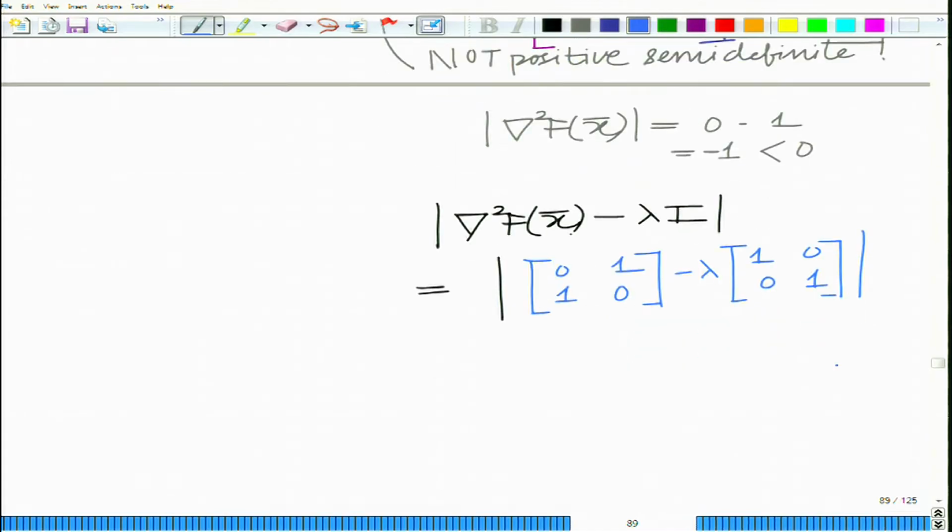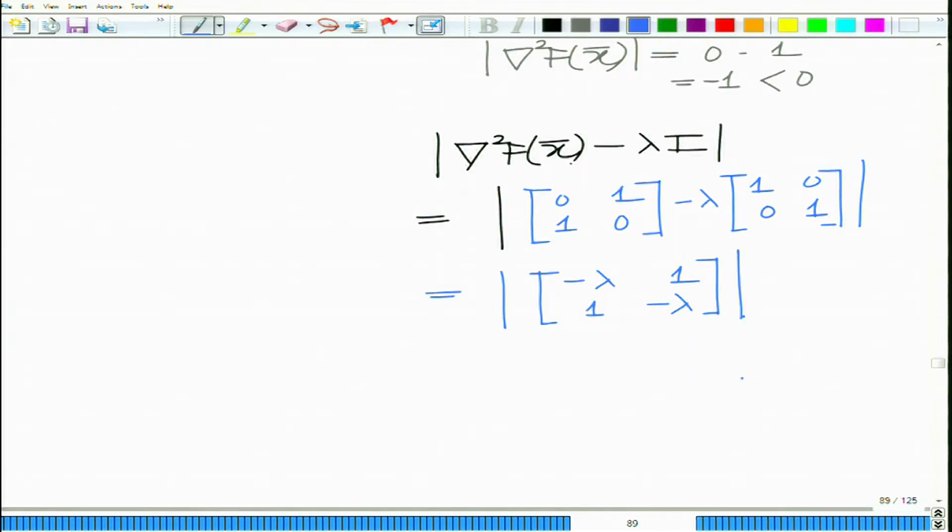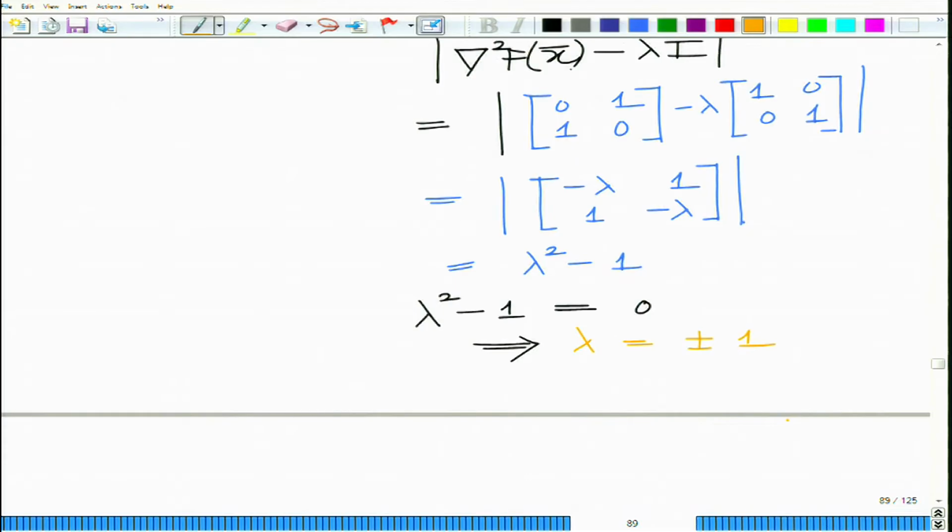Taking the determinant of minus lambda 1, 1 minus lambda, that is basically lambda square minus 1. Lambda square minus 1 equals 0 implies lambda equals plus or minus 1, and you can see the eigenvalues are both positive and negative. It has a positive eigenvalue and a negative eigenvalue.